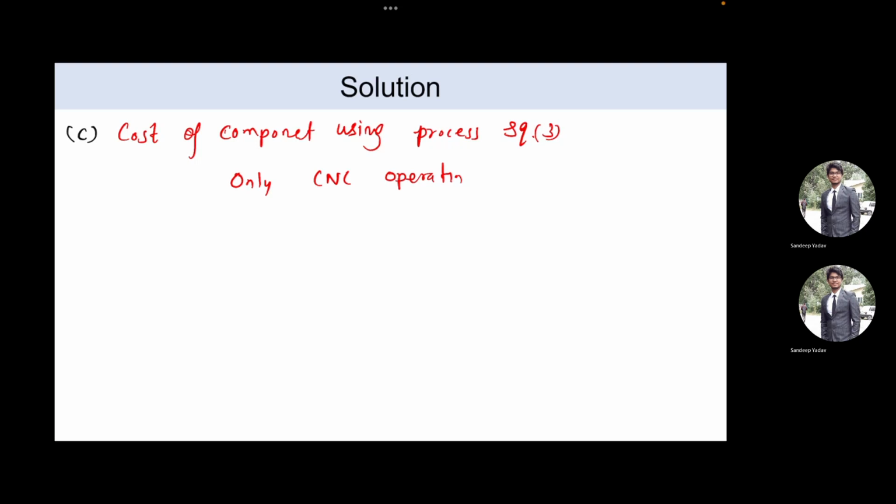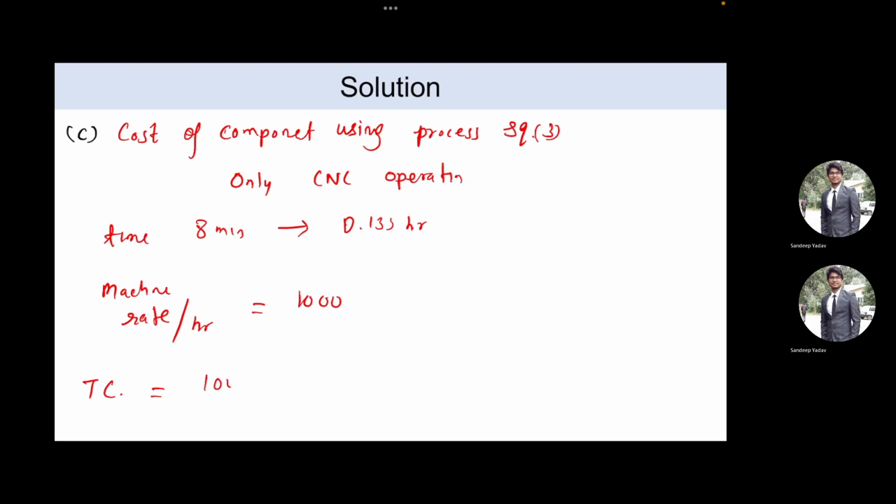Now we can simply calculate: the time given is 8 minutes, and 8 minutes converted into hours is 0.133 hour, and the machine rate per hour is given as 1000 rupees. Total cost we can calculate directly from 1000 into 0.133. Finally, we get 133 rupees.